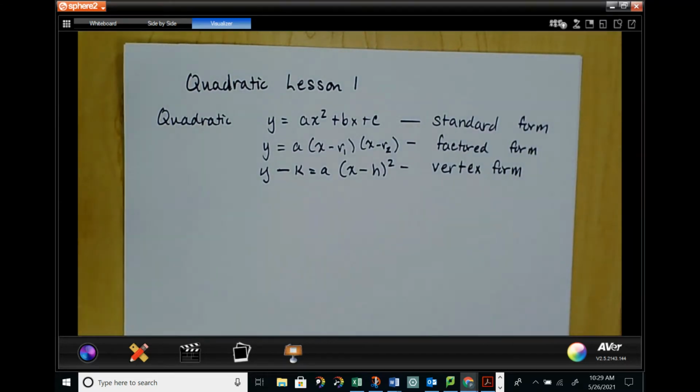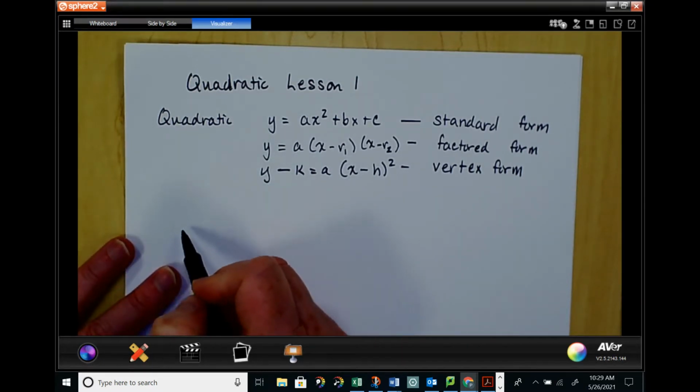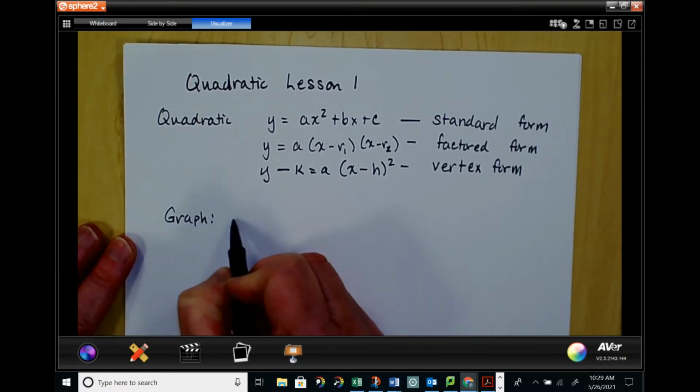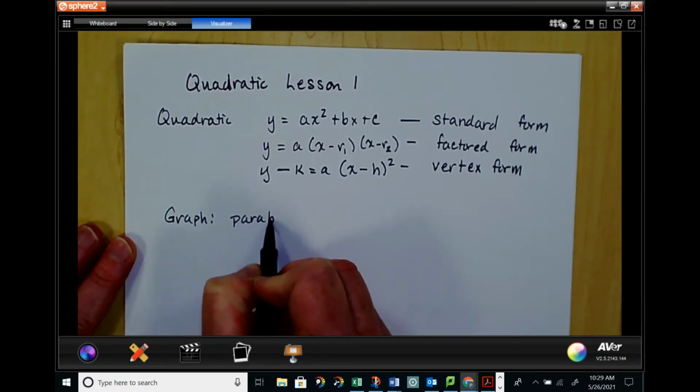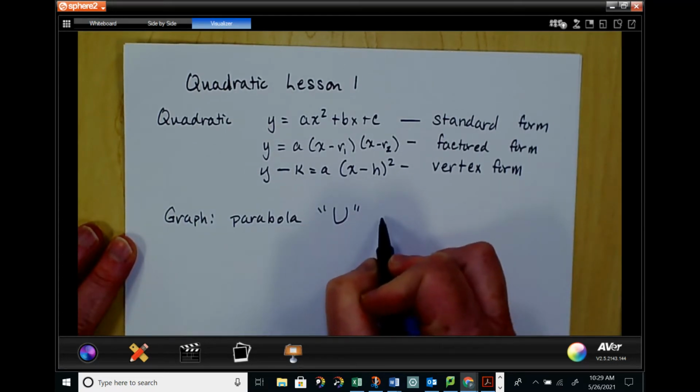These are all equations of quadratics, and the quadratic graph is going to be called a parabola. It's going to be U in shape.